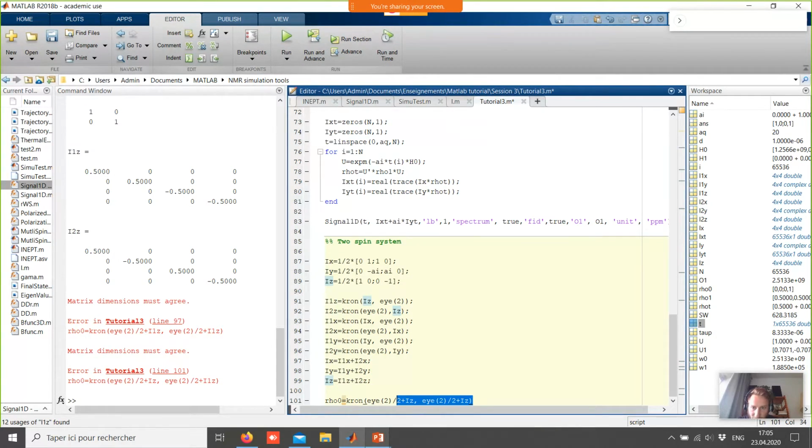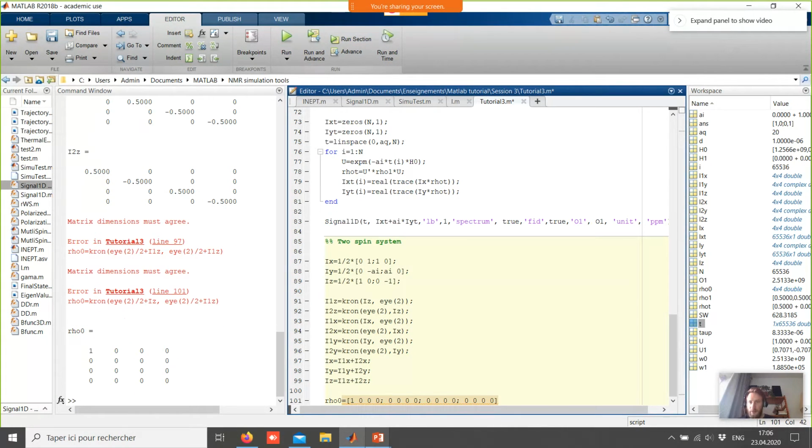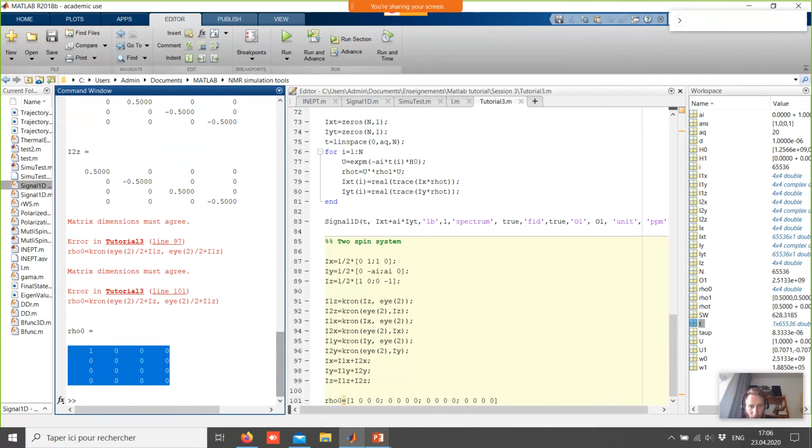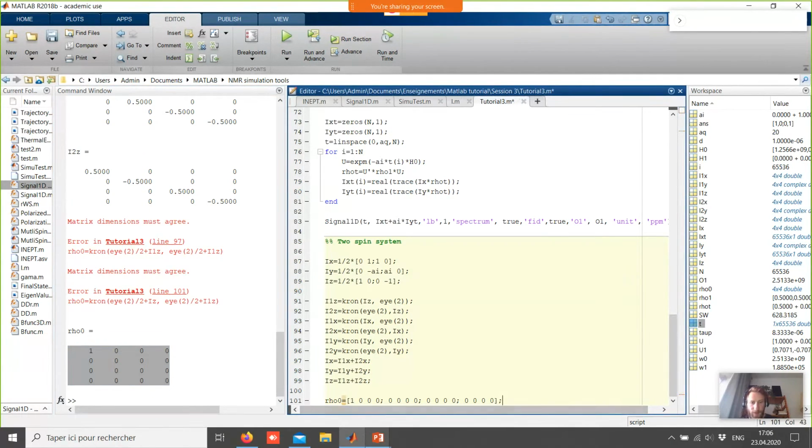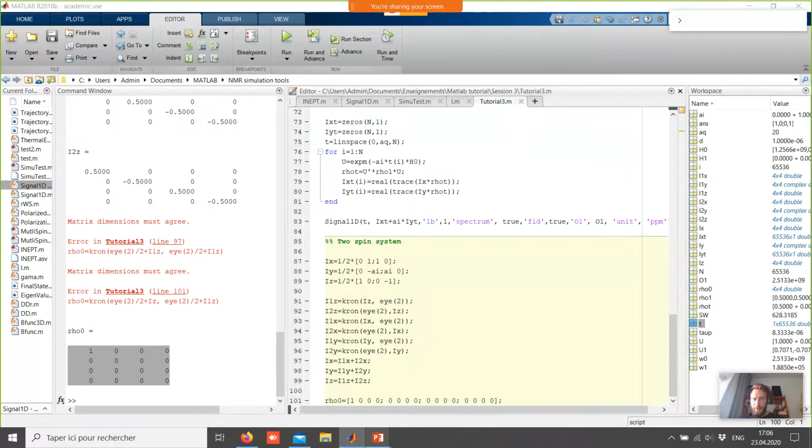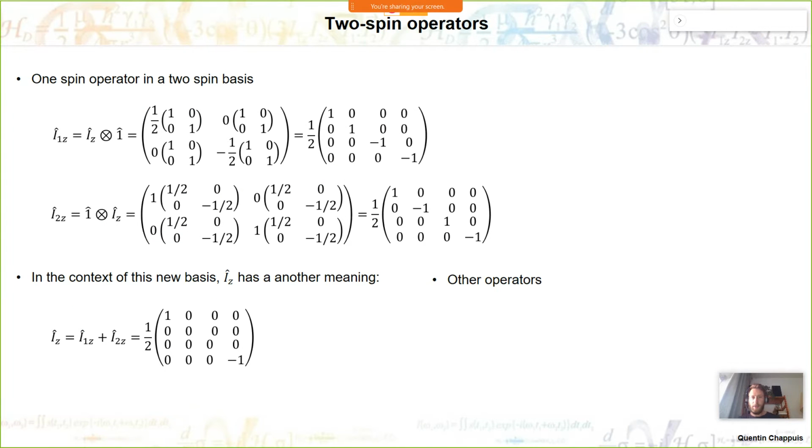The way I'm trying to write it is not valid. So I can either write it like this. This will respect what I've shown earlier, and we will see some functions that I've created to just go faster with this. Okay, let's go back here.